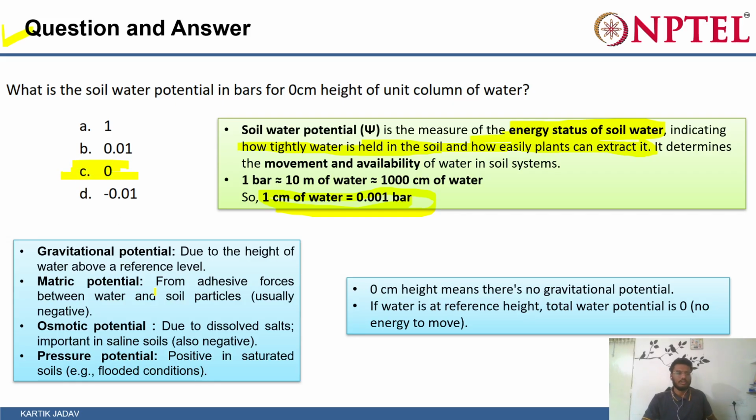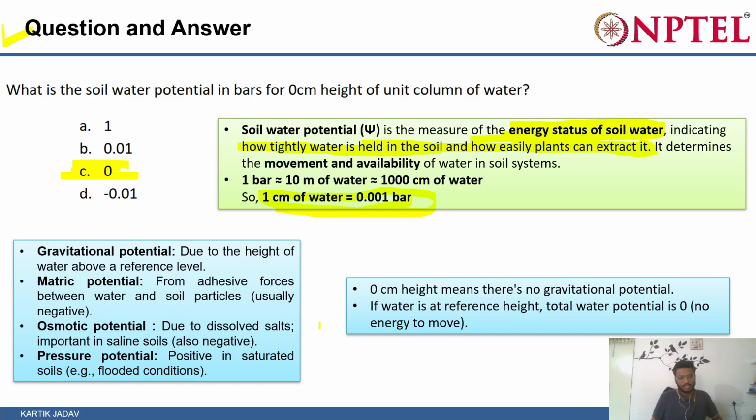And let me also define other potentials like gravimetric potential, matric potential, osmotic potential, and pressure potential. Gravimetric potential is basically due to the height of water column above the reference level, so water movement occurs only by the gravitational force. Matric potential forms adhesive forces between water and soil particles, and usually is negative.